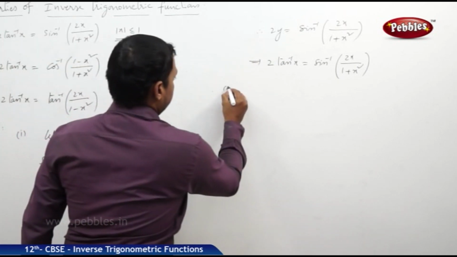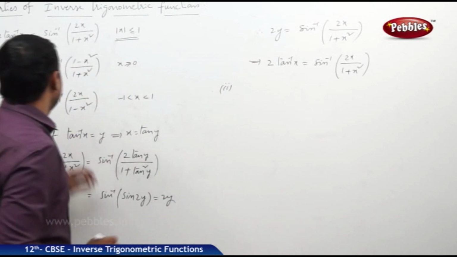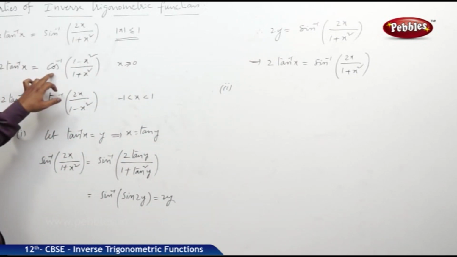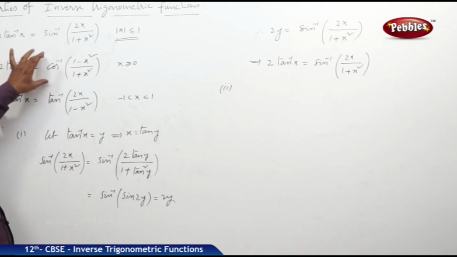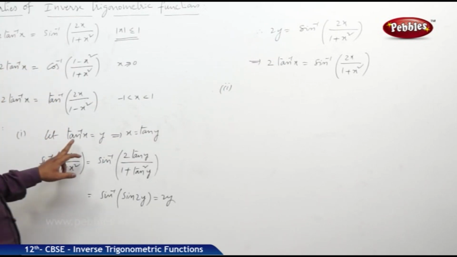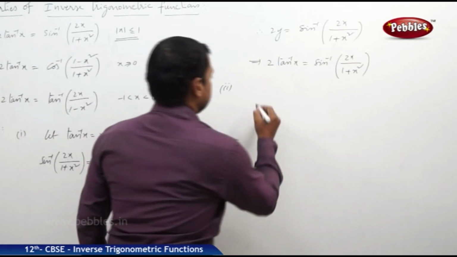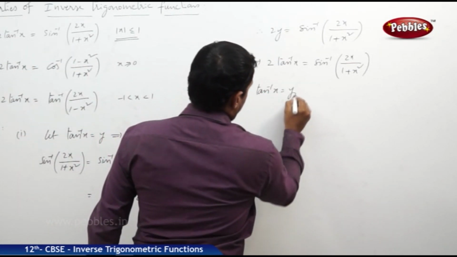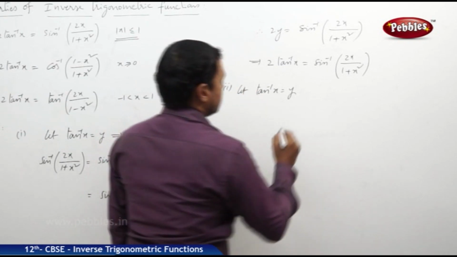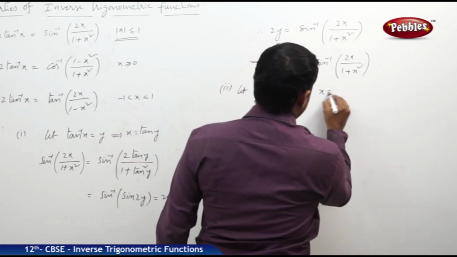For the second statement, 2 tan inverse x is equal to cos inverse of 1 minus x square by 1 plus x square. Again, take tan inverse x is equal to y. This implies x is equal to tan y.